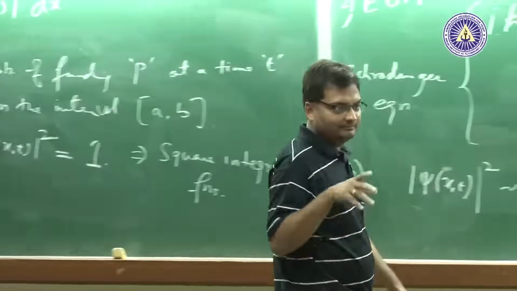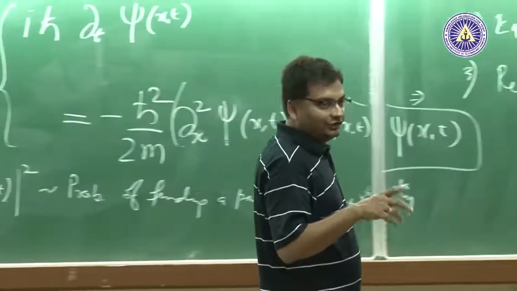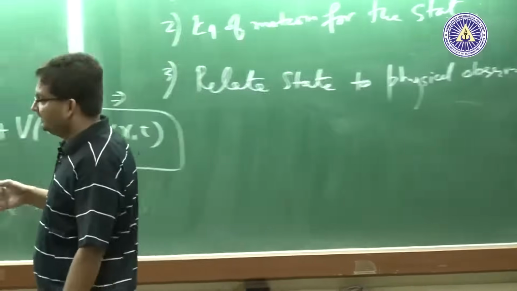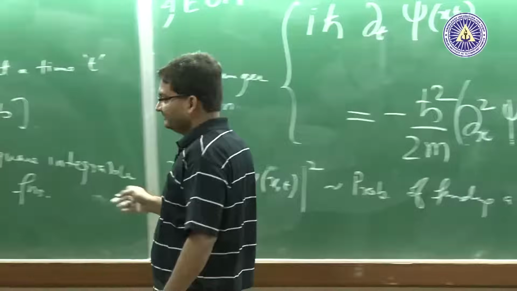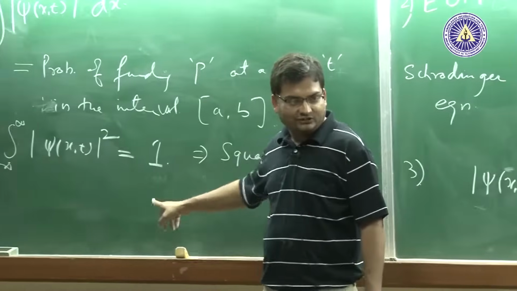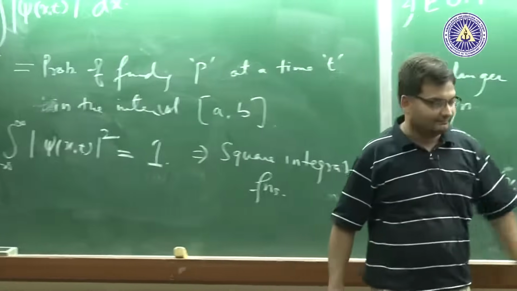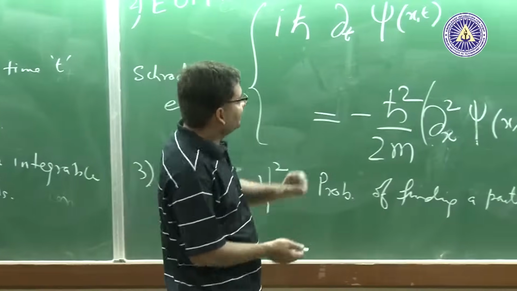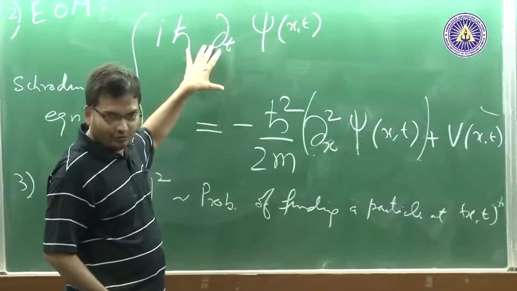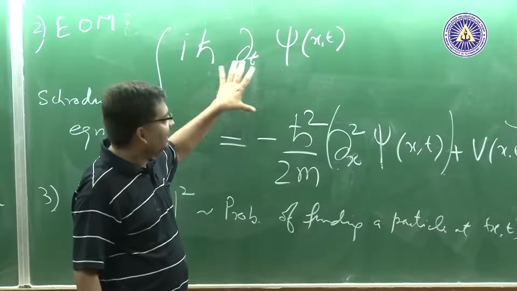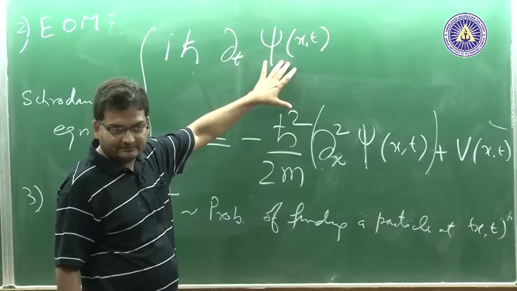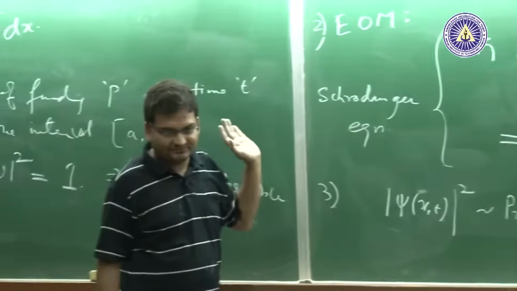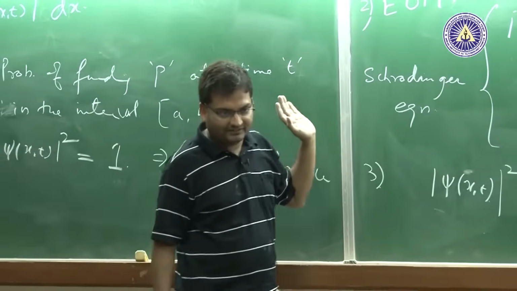Now, you should immediately ask me, what guarantees this? Meaning, I have a state equation plus an external condition, what guarantees this? To answer that, there is a homogeneous equation. I can multiply psi by any constant and the equation will still be valid, right.